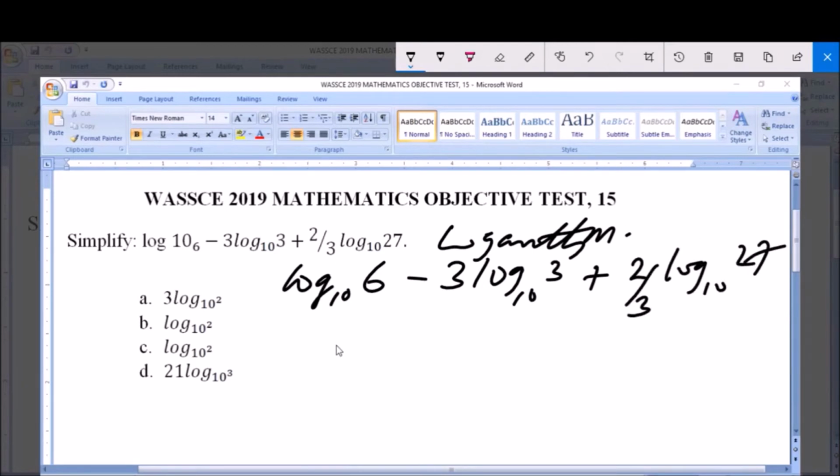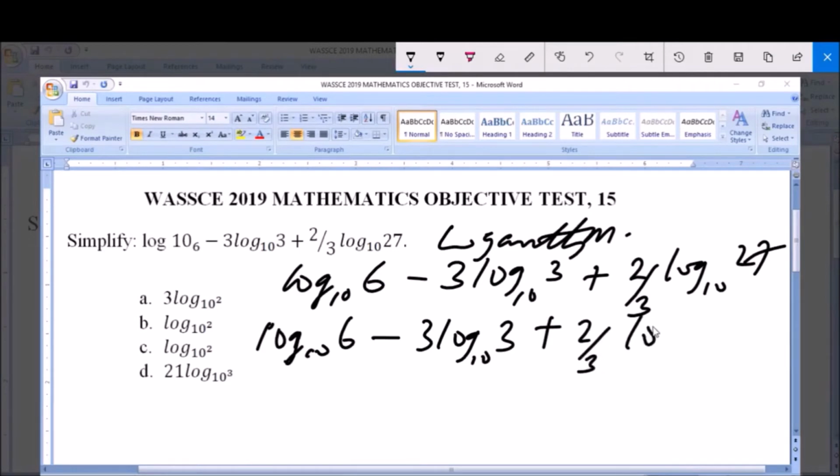To simplify further, we have log 6 base 10 minus 3 log 3 base 10 plus 2 over 3 log.